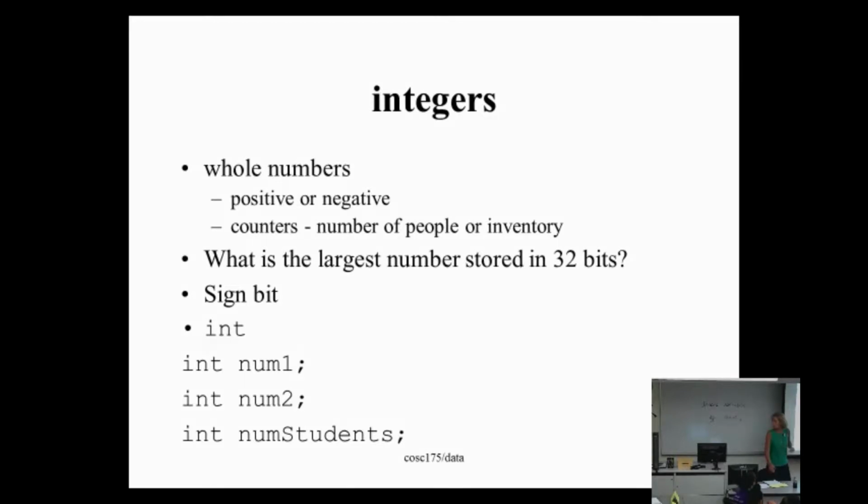So what happens when I have this line of code in my program? Num1 is allocated, space for the variable is allocated in memory. So behind the scenes, num1 is given a location in memory. It's also going to only accept integer values. What does that mean again? Whole numbers. So no decimals. All right?